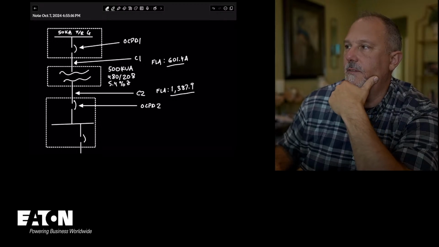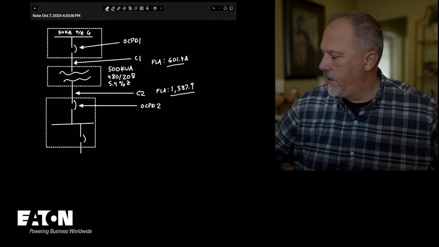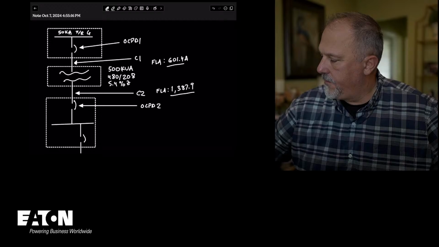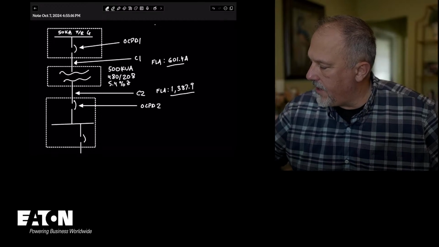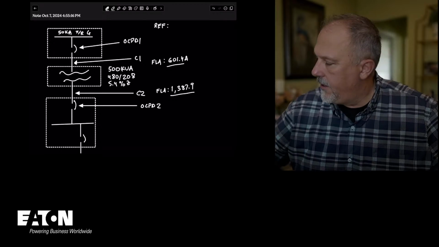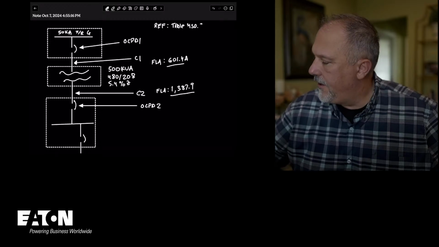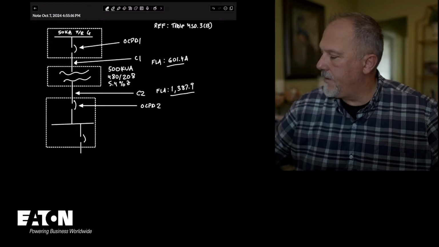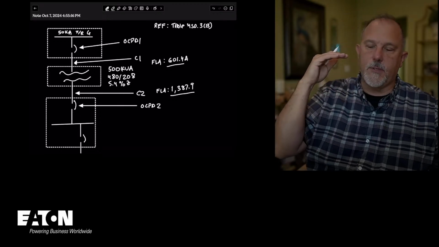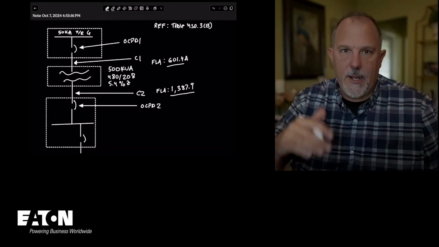I'm going to base it on table 450. So I'm going to write my table reference. Table 450.3(B). All right, that's what's going to determine my primary and secondary.